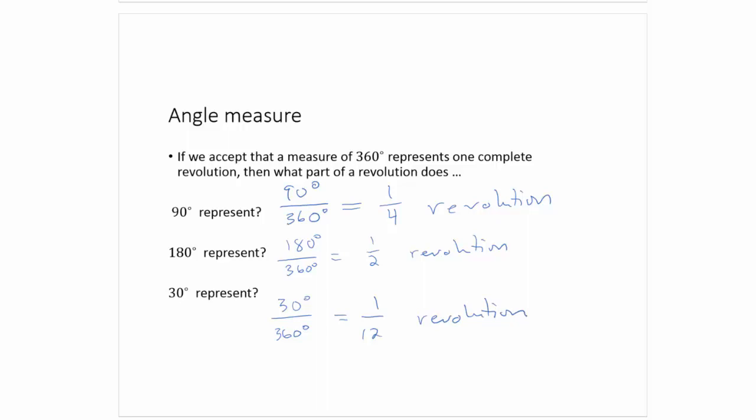So understand that we can think of a degree measure as part of a revolution. 1 degree is 1/360th, and so 90 degrees is 90 360ths. Then we can reduce the fraction to get it into a more understandable fraction of the whole.